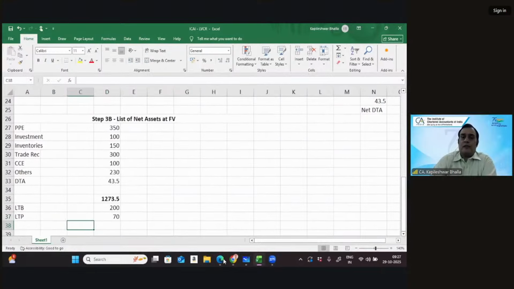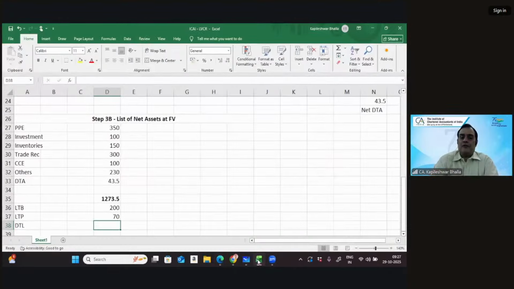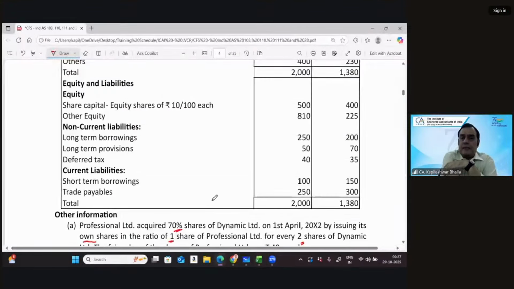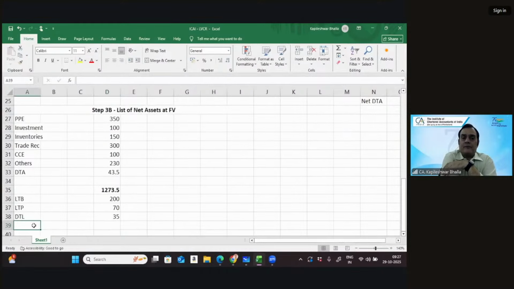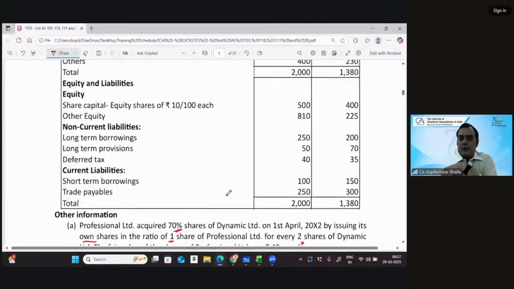And then we also have the DTL, the deferred tax liability, which is to the extent of 35. So we fit this 35. And the next item is the short-term borrowings, STB, that's 150. And the next item given to us is trade payables, that is 300.